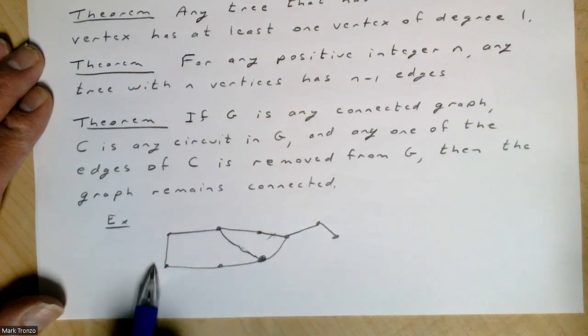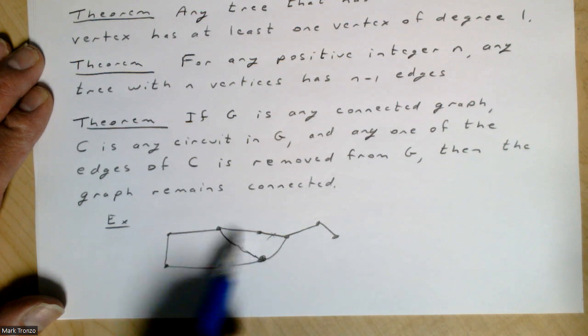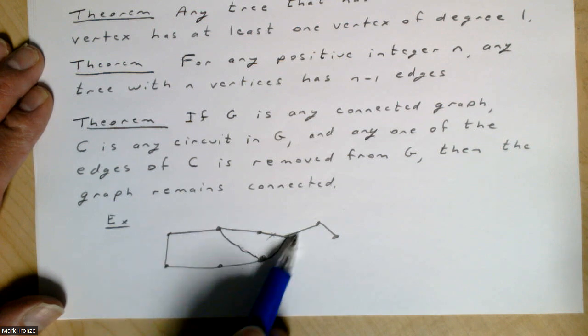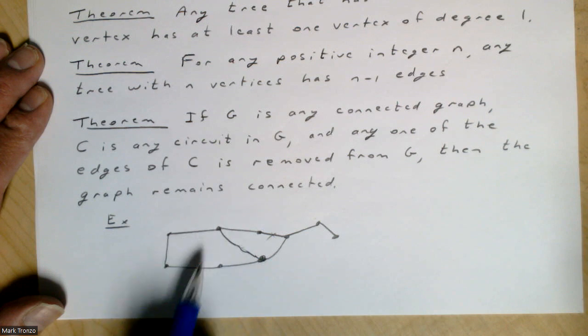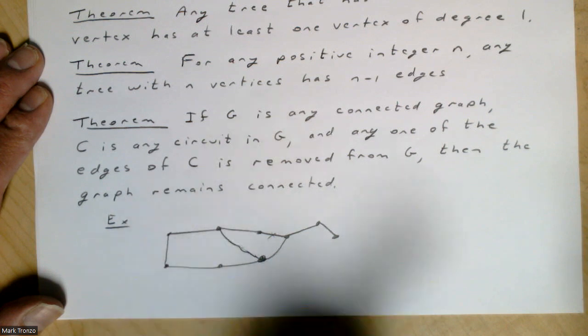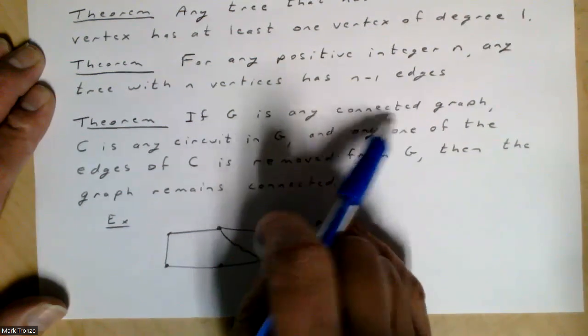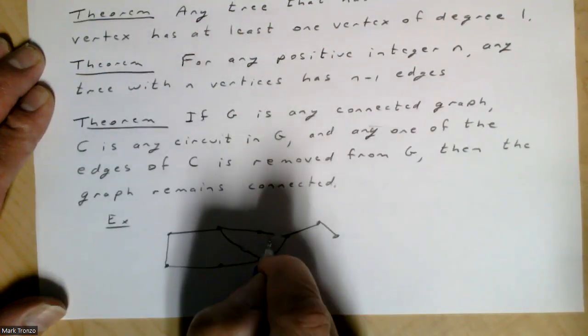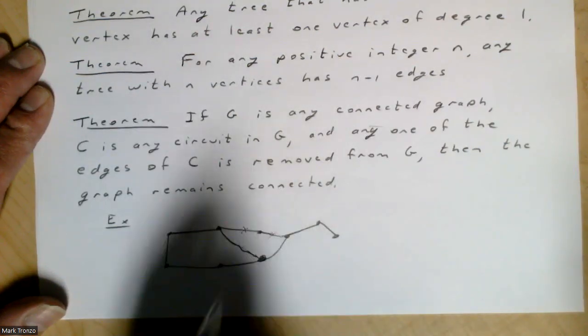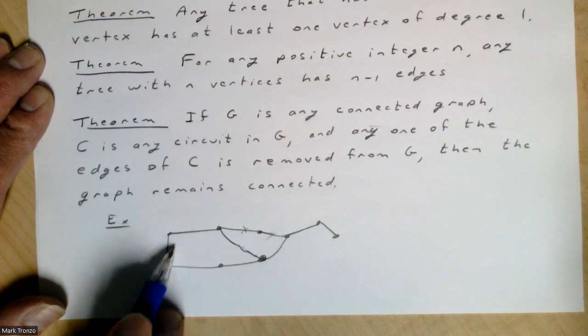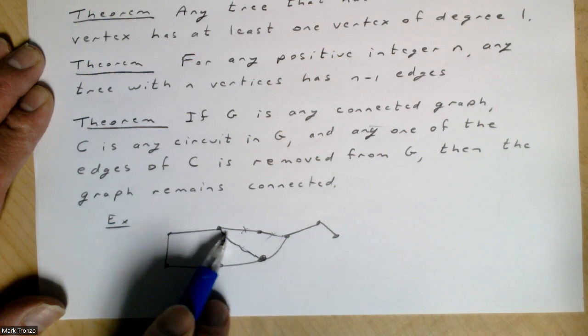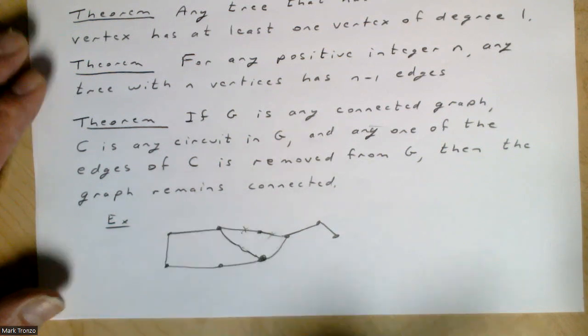You could still go from any vertex to any other vertex. Or if you took this one away, you could still get from any vertex to any other vertex.